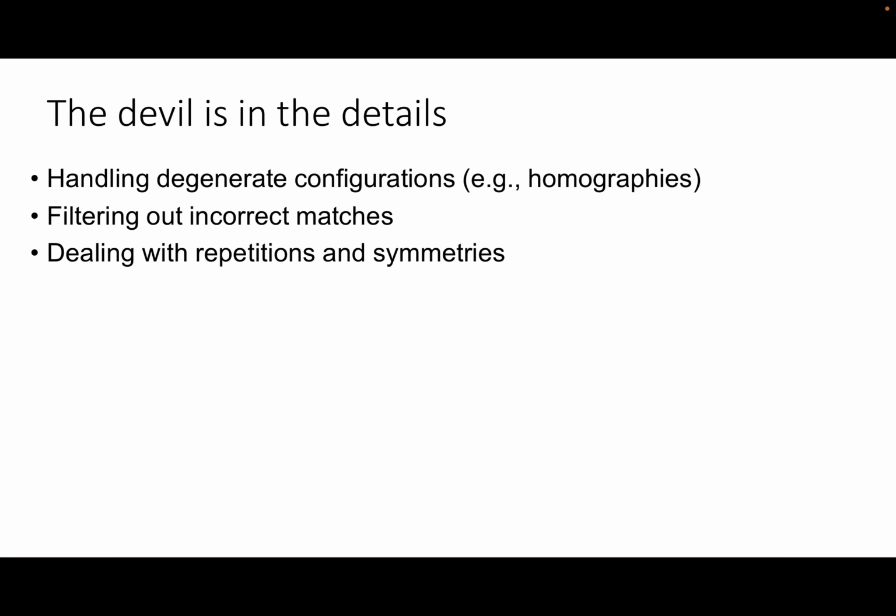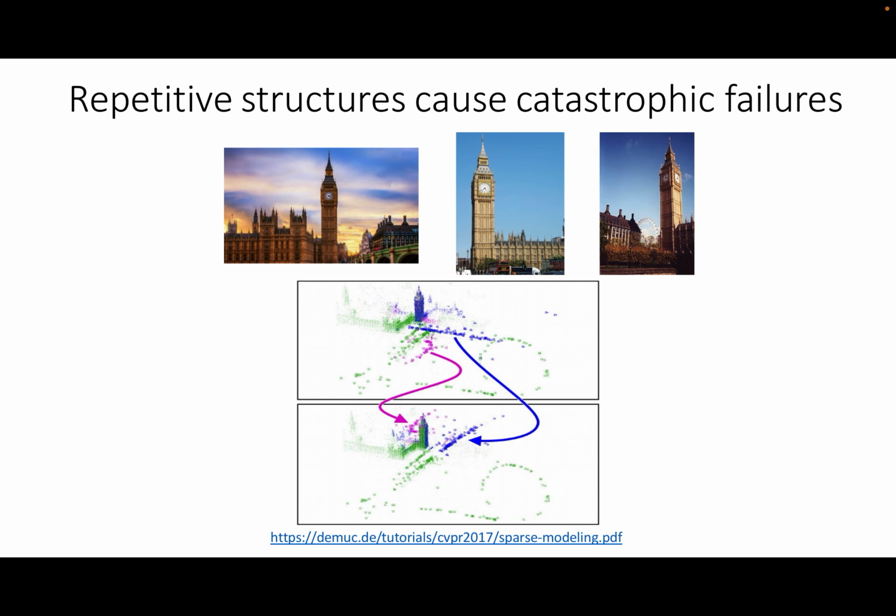And now, challenges and applications. Actually, there are some degenerate configurations like homographies. If points are on the same plane, that is actually a problem for triangulation, right? If all points are on the same plane, then it might be ambiguous. Another challenge is filtering out incorrect matches, dealing with repetition and symmetries.